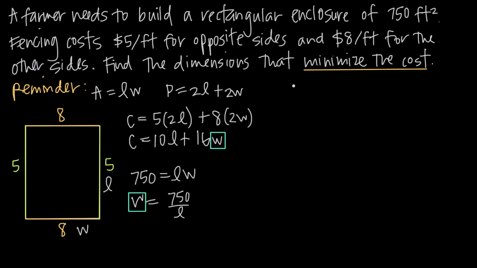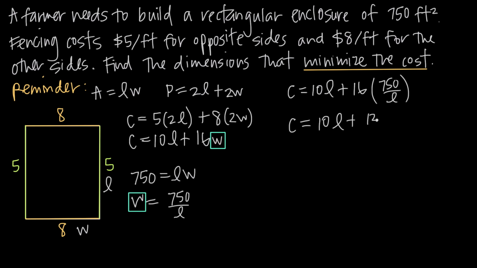So when we do that, we're going to get cost equal to 10L plus 16W, but instead of W, we're going to multiply by 750 over L, the value that we found for W. Now 16 times 750 is 12,000, so we're going to get cost equals 10L plus 12,000 divided by L. We could also call this cost is equal to 10L plus 12,000 L to the negative 1.